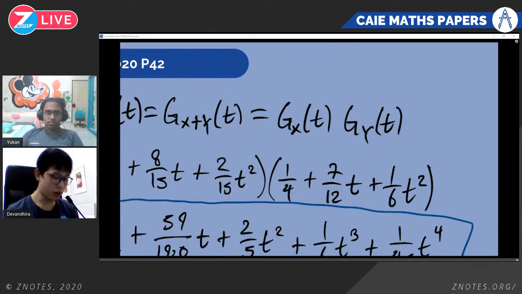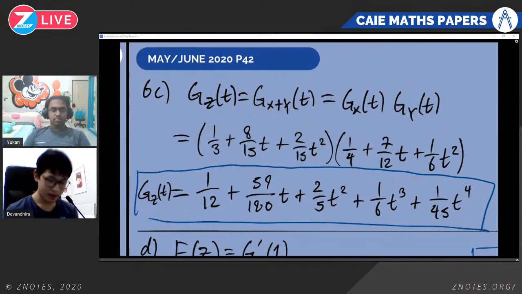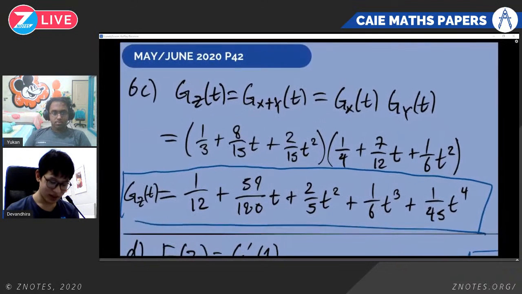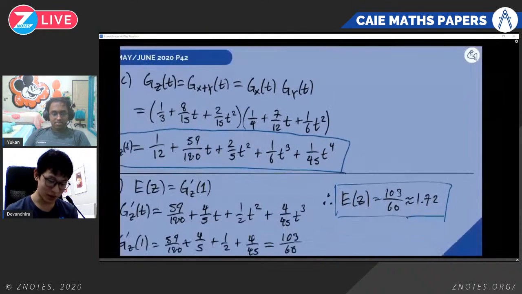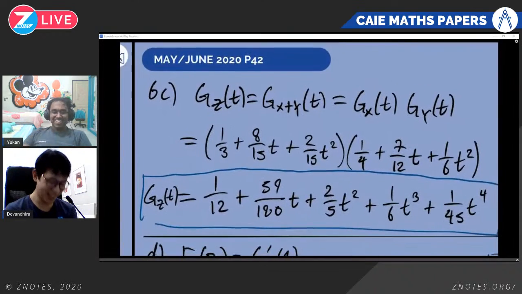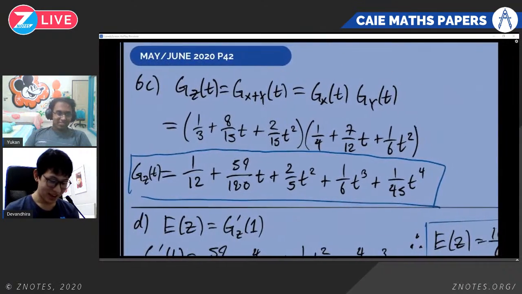But we know what G_X(t) and G_Y(t) are, and we just have to substitute them in. And yes, I know you have to multiply them one by one. So good luck on doing that. I'm not going to do that here because we barely have any space. And I'm going to explain to you how. I should have given you space for all that.